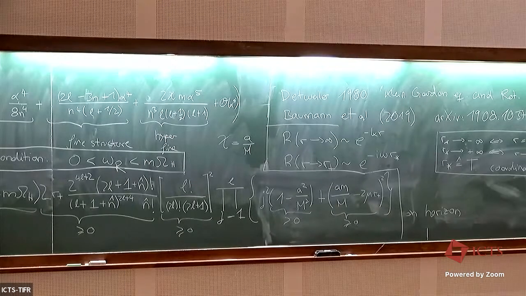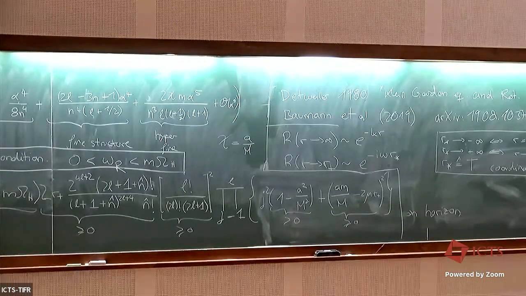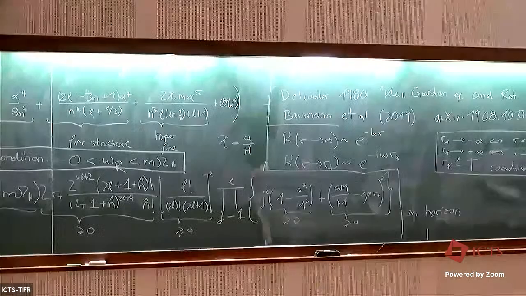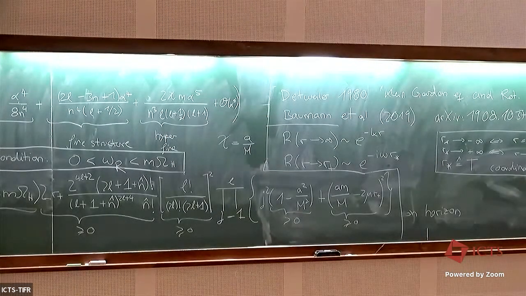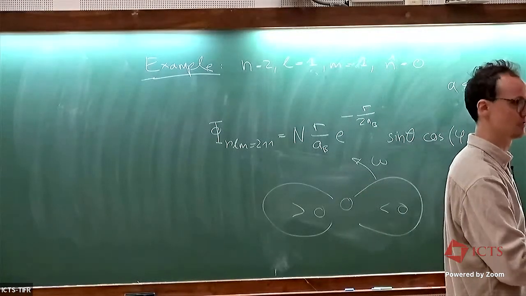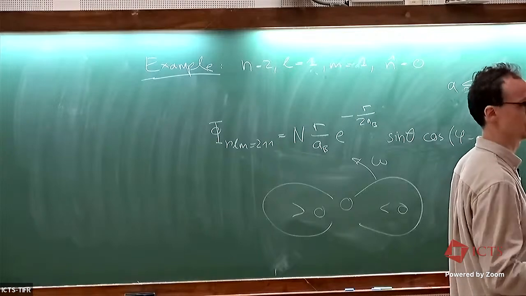So the cloud itself can be interpreted as a standing wave, because at large distances, the boundary condition for this is basically 0. And so the only thing that happens is that this field configuration rotates. But in that sense, it's a standing wave. The gravitational waves, on the other hand, no, because the boundary conditions for the gravitational waves at infinity are outgoing. And so the wave that goes out just never gets reflected, and so you can't generate a standing wave.